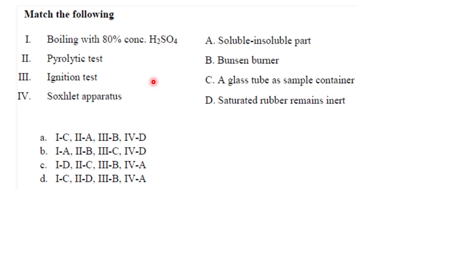For base polymer, we have already discussed different base rubbers, and we have done different element analysis and different analysis for the functional groups present there. Okay. The ignition test is the Gaussian burner. Okay.